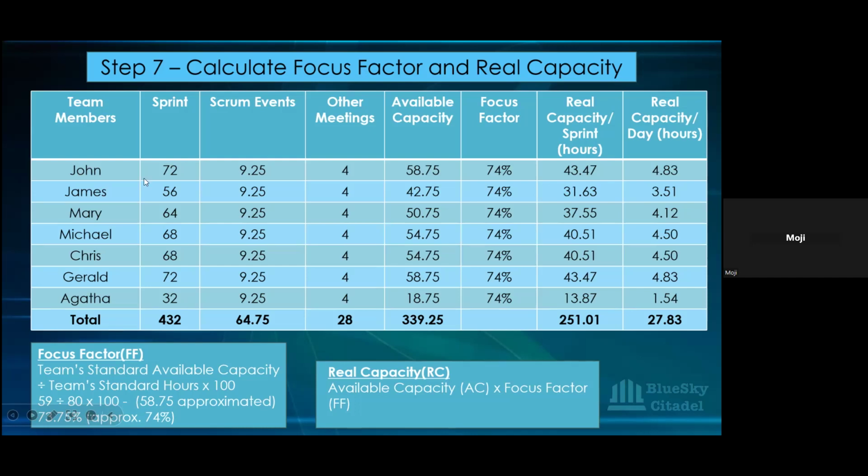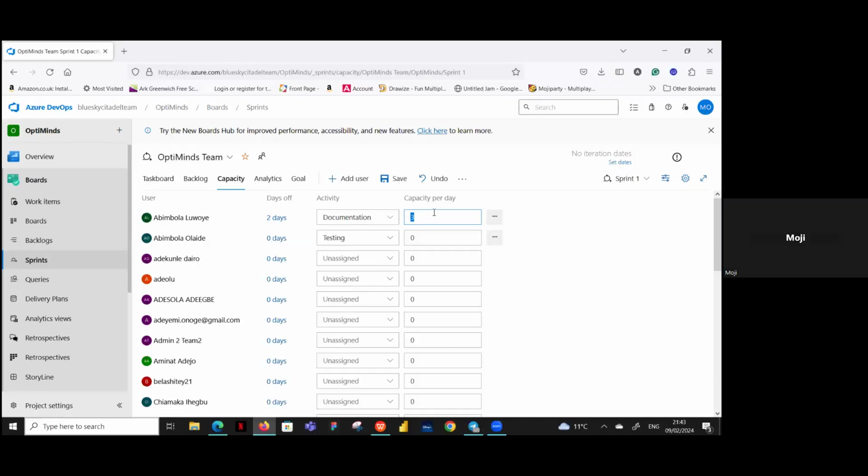Let's assume this is John, now Abimbola, and Abimbola is a developer. So 4.83 hours, if you approximate it, because 8 is higher than 5, we can just approximate it to be 5. So we'll come back here and put 5 hours there for Abimbola.